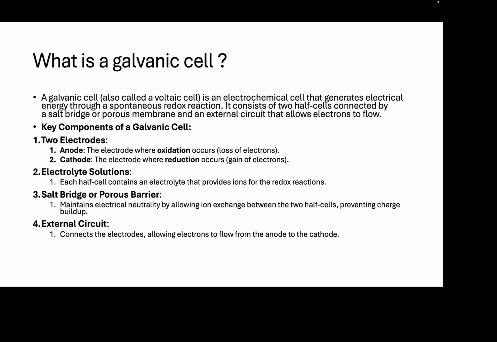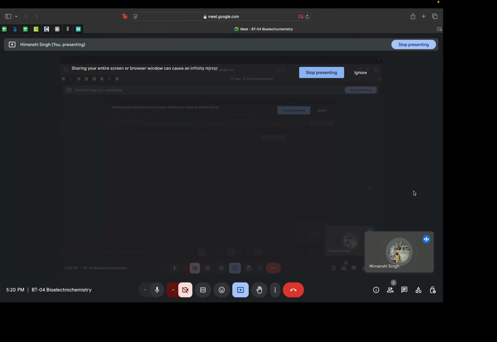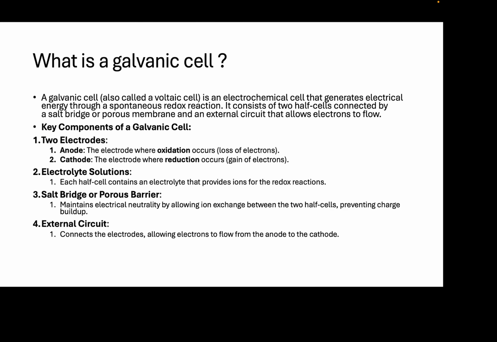So in a galvanic cell, which is the first spontaneous cell, the components include the electrodes. At one electrode where the oxidation will happen, the electrons will be lost, that side is called anode, and another electrode where these electrons will be accepted, where the reduction will take place, that is called cathode.